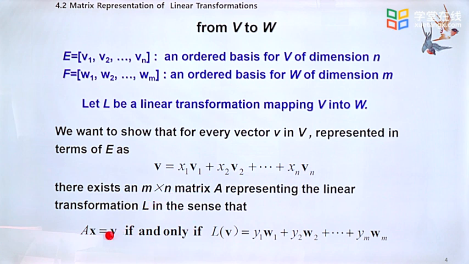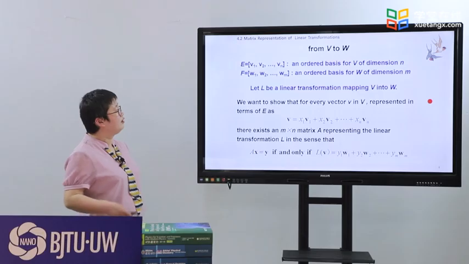So y equals Ax if and only if L(v) can be written in this form. So you use the basis vectors w1, w2, ..., wm and y1, y2, ..., ym. It's just the coordinate vectors.